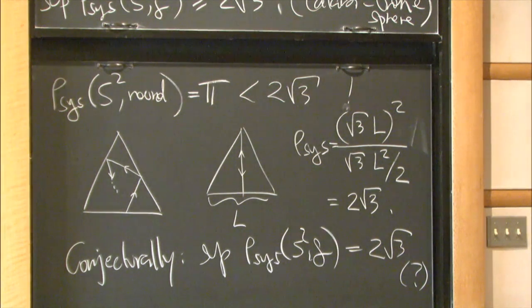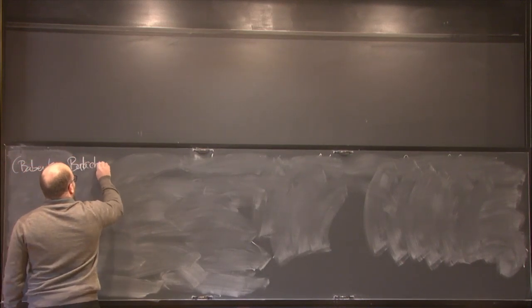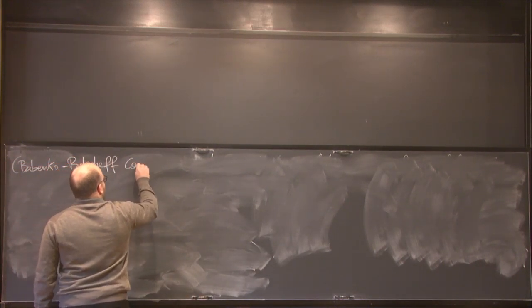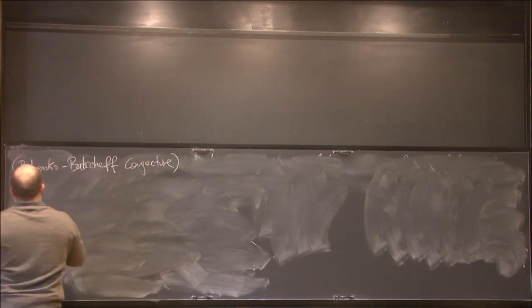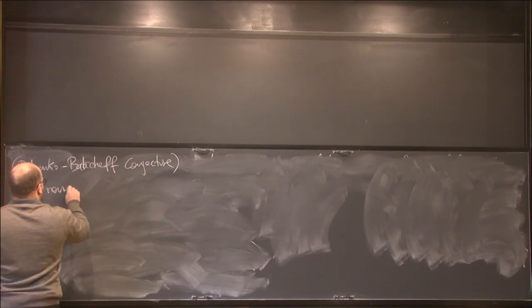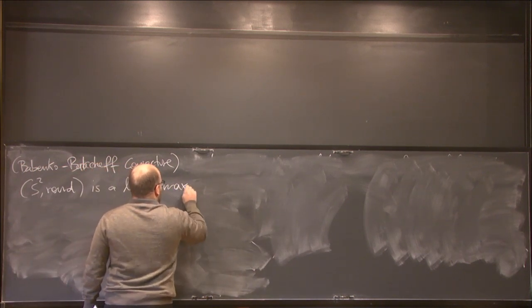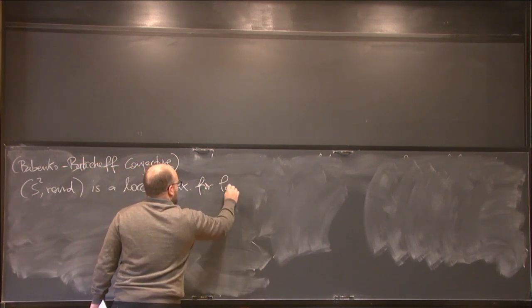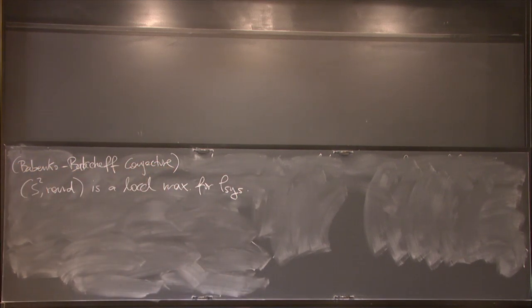So this led Babenko and Balacheff to conjecture that the round geometry is a local maximum for the systolic ratio.